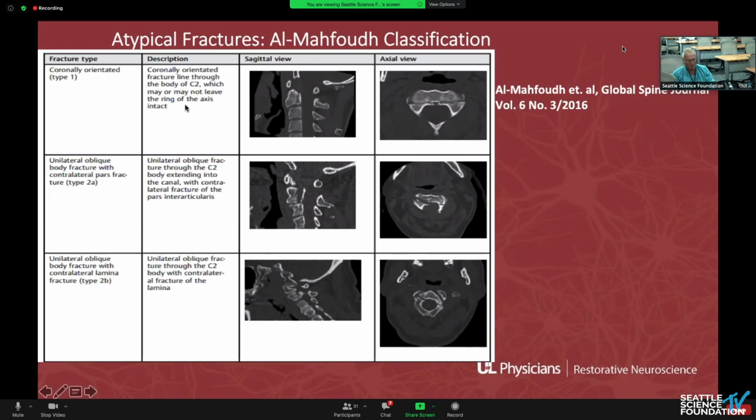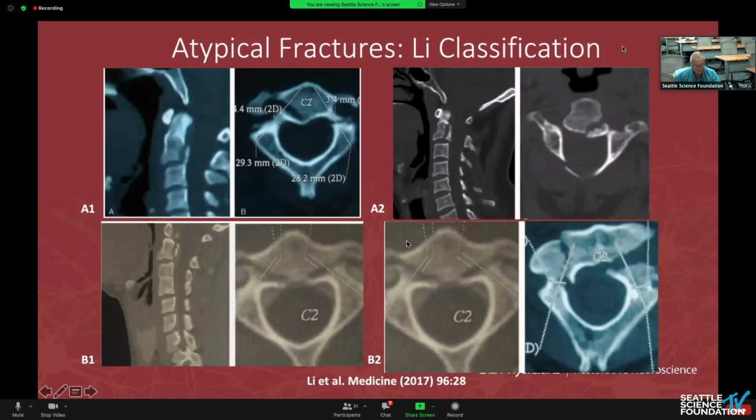So this slide shows the first classification, and you can see that in type 1, you have a fracture through the posterior C2 body, and then in the 2A and 2B, you have the oblique fractures. I think you can see it very well here. In the type A1 fracture on this upper left image, you see the posterior fracture in the body, and in the A2, you have the oblique fractures through the body.